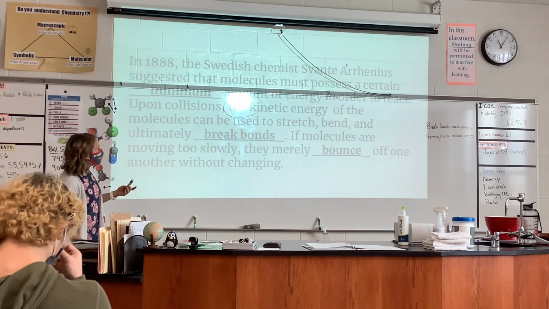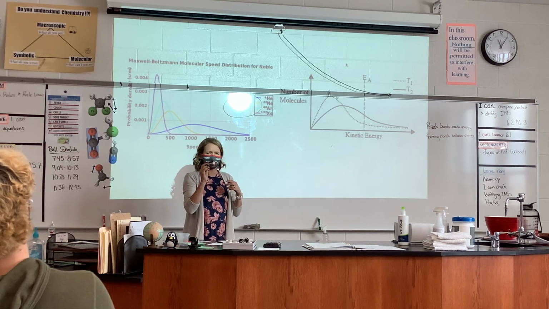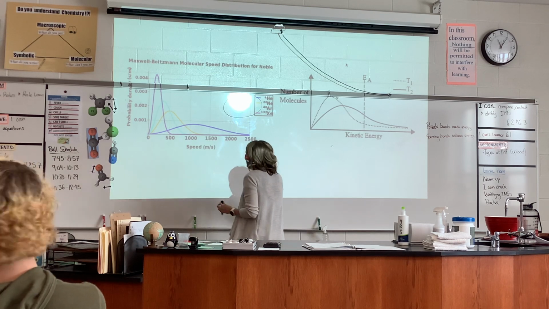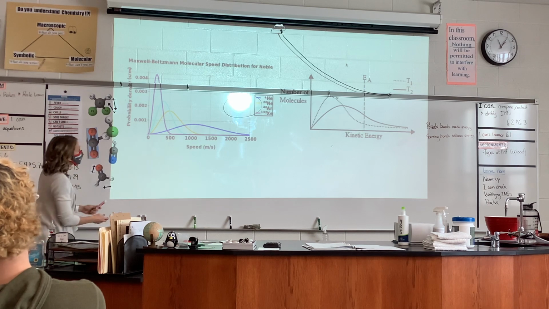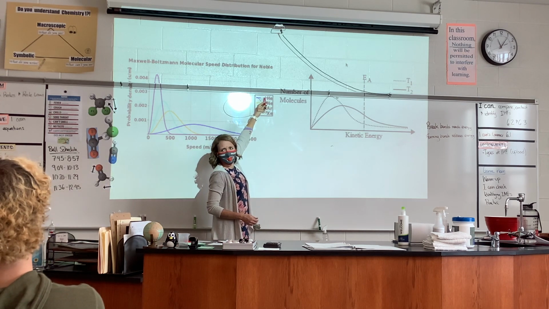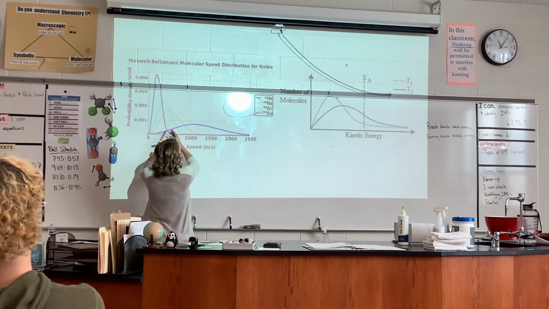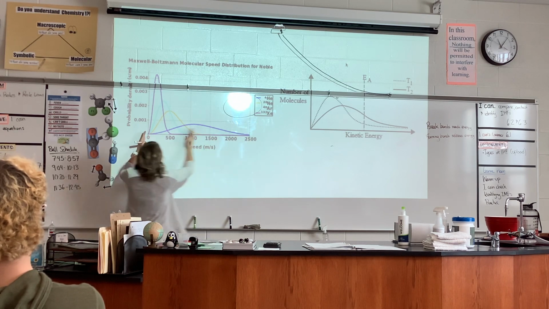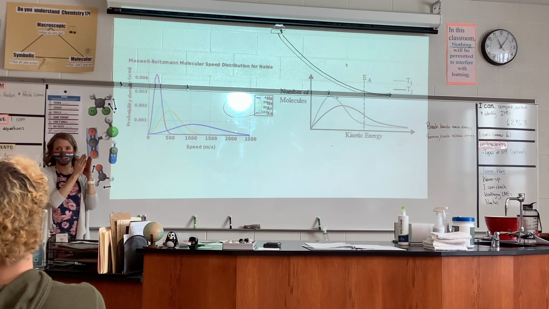Now, before we keep talking about energy, we looked at these graphs before in Unit 3, I think it was, of the speed distribution of molecules. So here's your example, and here's what the different colors show. Lighter molecules have a much greater distribution of speed, versus heavy molecules, which have a very small distribution.